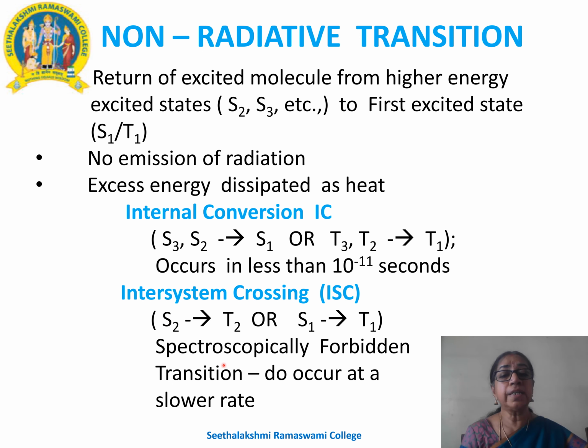Actually, this transition is considered a spectroscopically forbidden transition, and though forbidden, it does occur to some extent. This transition occurs at a very slow rate. It requires some time. These are represented in the Jablonski diagram by the symbols IC and ISC as we have seen earlier.